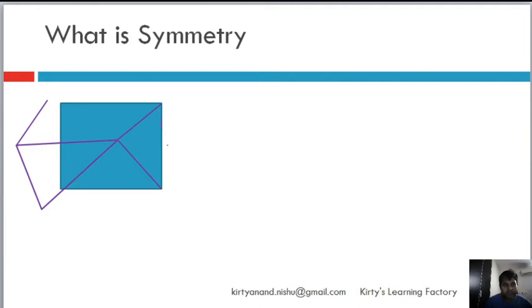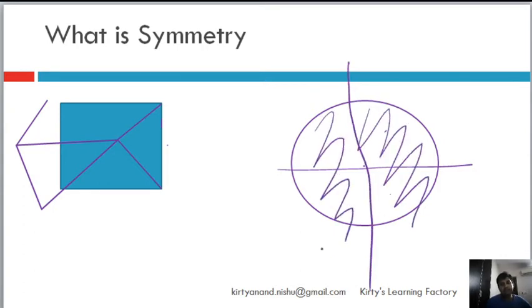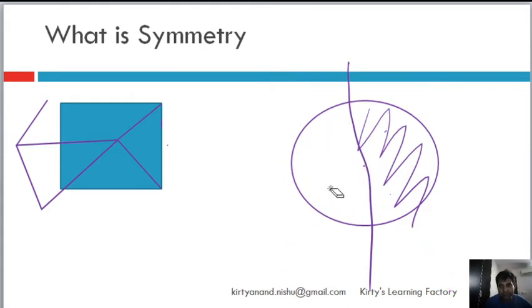Now we can take, let's say, a circle. Now for a circle, this is the center of the circle. If I draw a line here, this part is symmetrical to this part. If I draw a line here, this part is symmetrical to this part. So for a circle you can draw endless lines, basically diameters, not just lines, but only diameters.